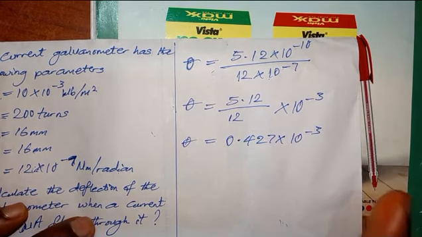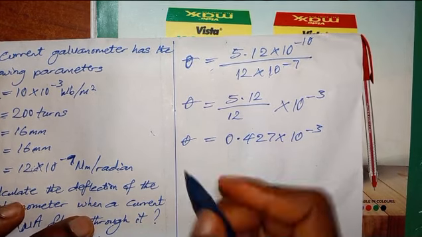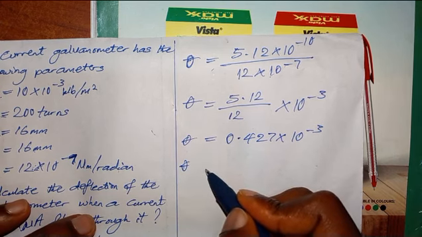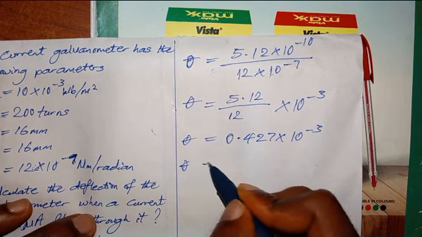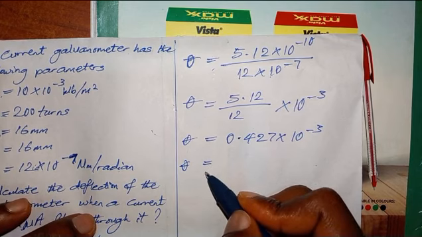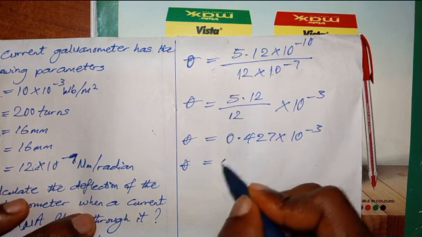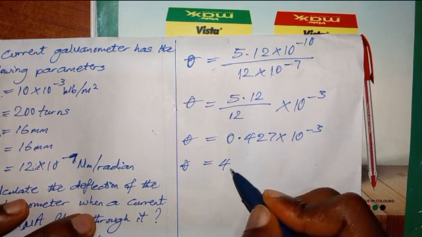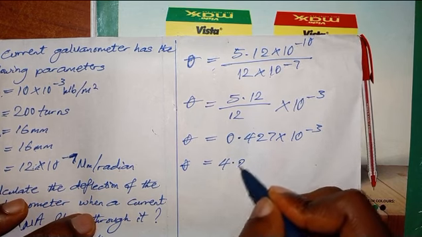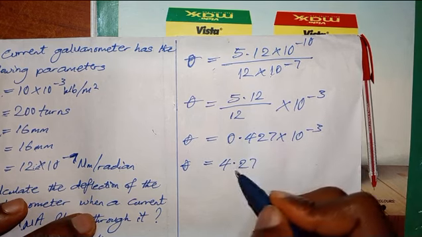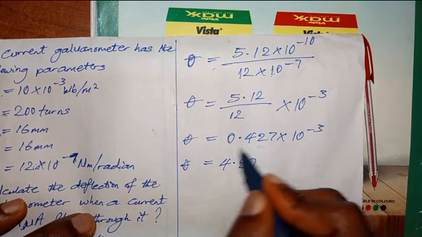Please use your calculator. I used my calculator. Then theta will be equal to 4.27 times 10 raised to power minus 3. This is the correct answer.